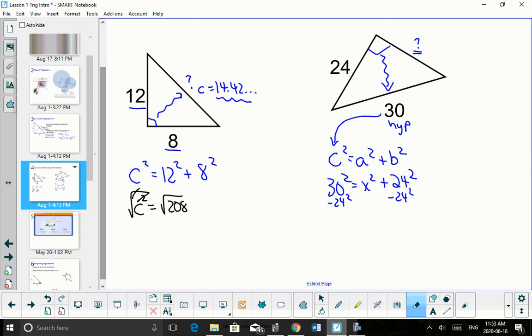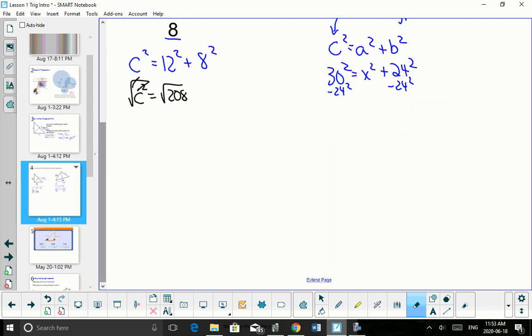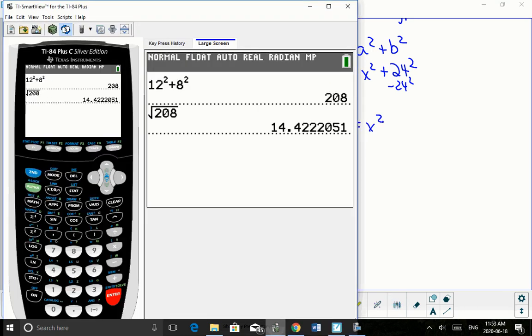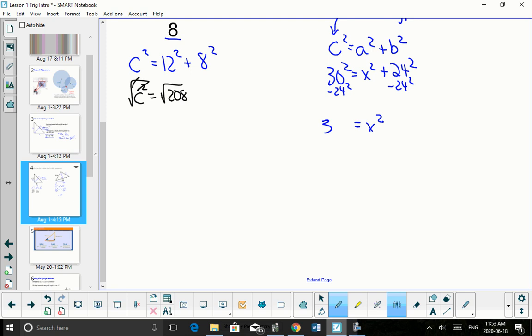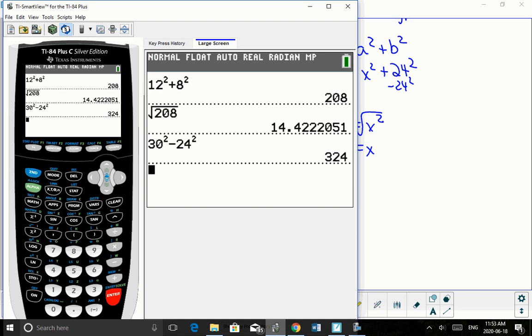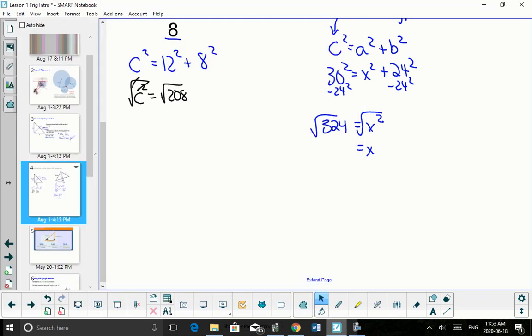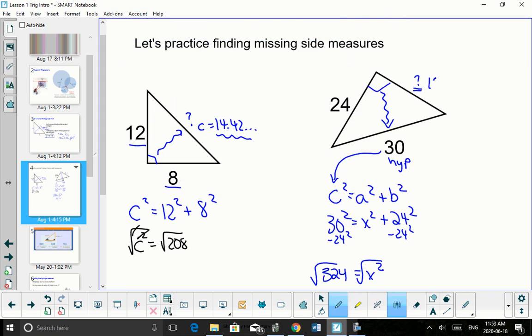So what I have is x squared equals 30 squared minus 24 squared. And I get out 324. And then when I square root that to get the x by itself, I get out 18. If we just look back at the picture for a quick second, it looks right. This has to be the longest, so this is shorter than 30, and so we're pretty sure that we did it right.